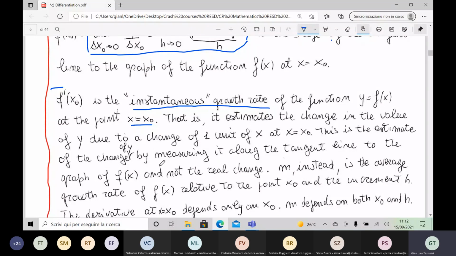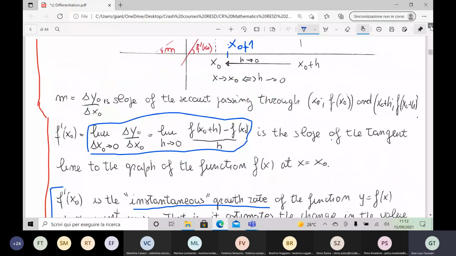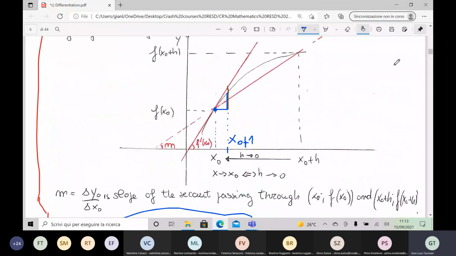So let me go above a little bit. I repeat, this part is very important, but now I want to explain it again, and then I go back. Notice, let me show you. Suppose you are at the point x0. F prime of x0, I told you, is the slope of the tangent line to the graph of your function. Our function is this black curve.